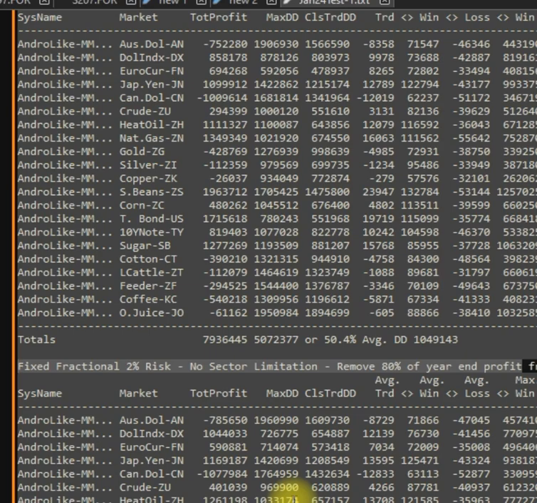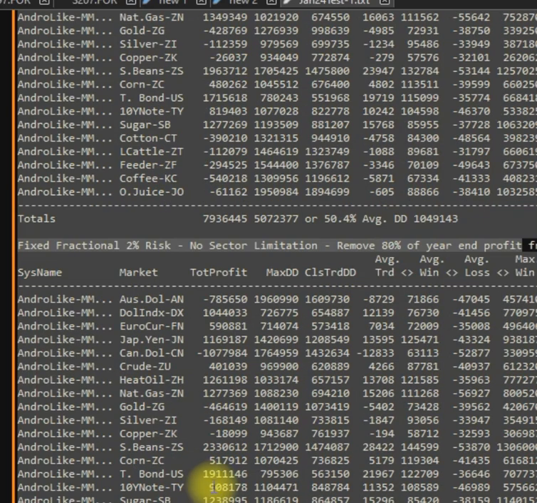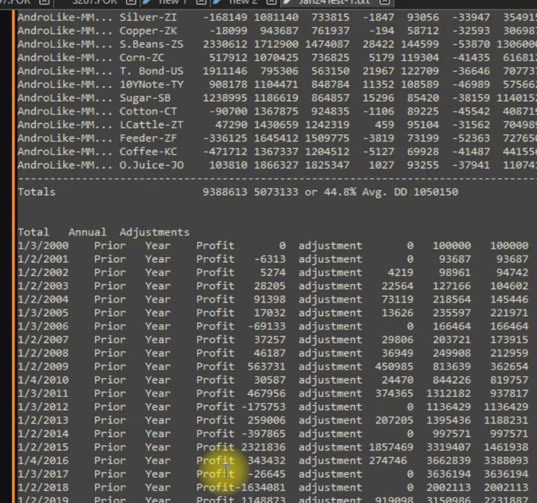And here are my annual adjustments. If I don't make money, I make no adjustment. If I lose money, I make no adjustment. If I make a little bit of money, I'll take 80% of that out to diminish the position size by 80%.